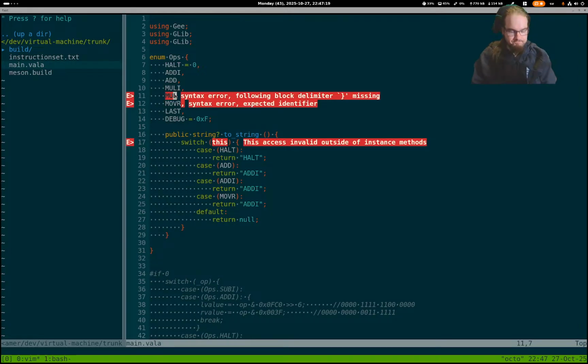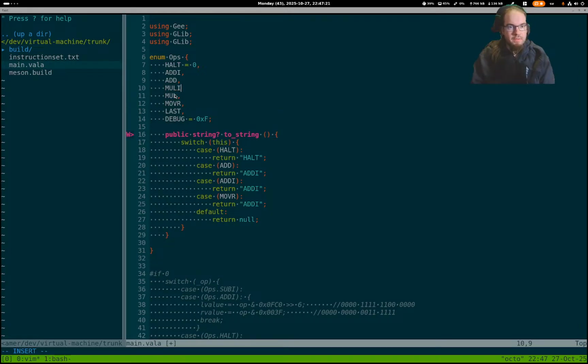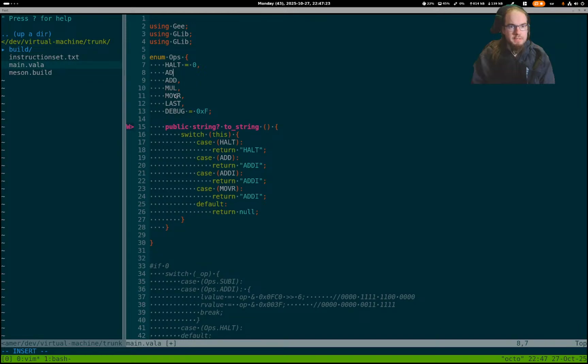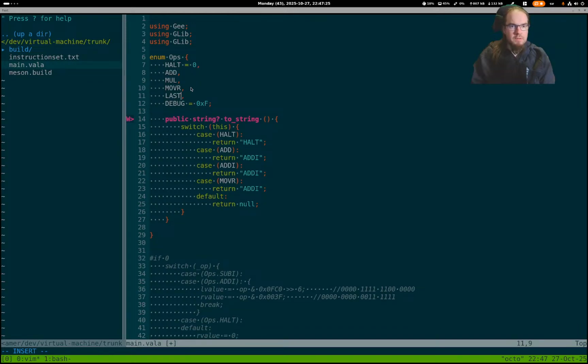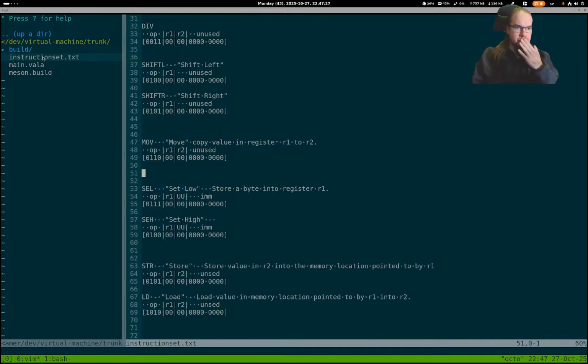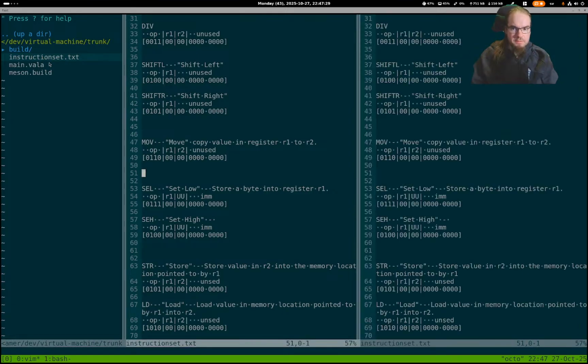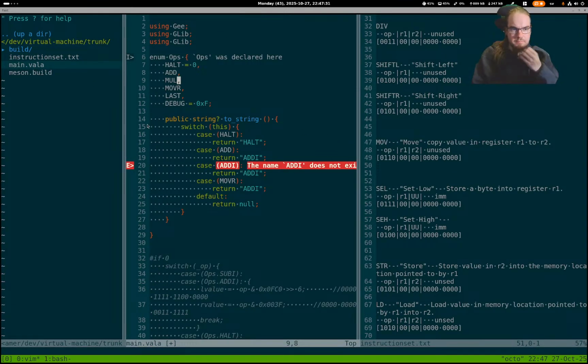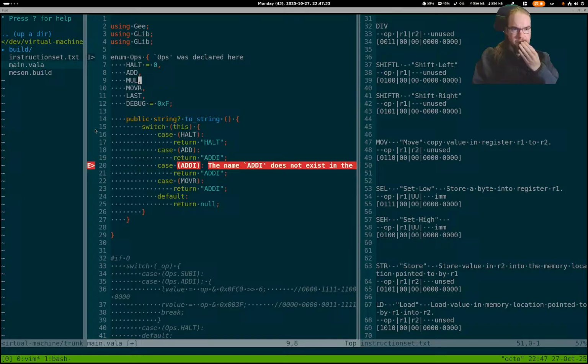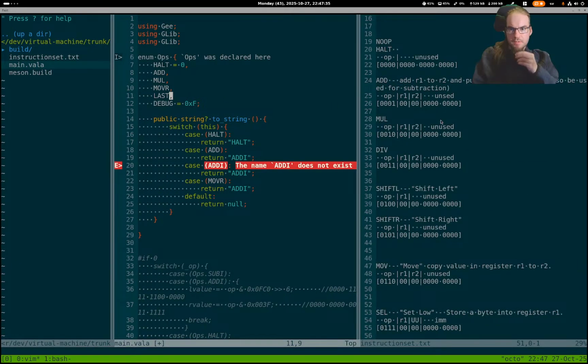Mul. We are not going to use any I instructions. We can split this. There we go. So we have add, multiply, divide.